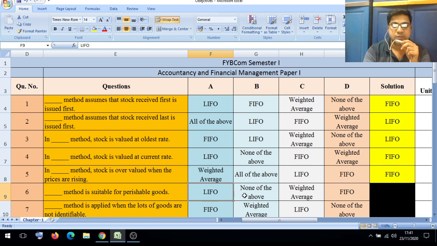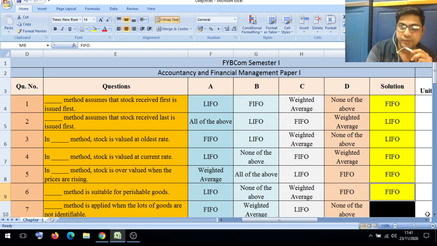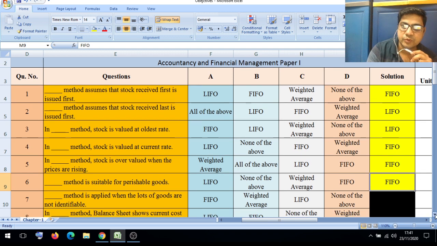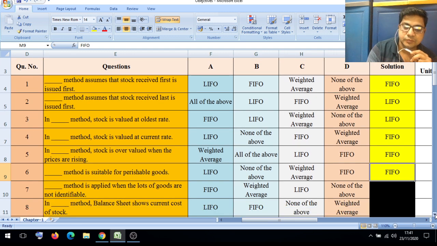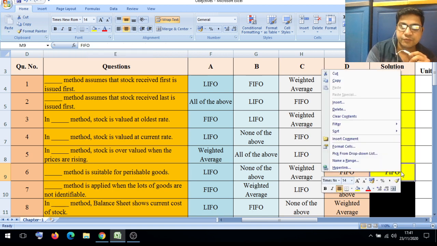The answer is first in, first out. Perishable goods are those which easily become scrap, for example fish, bakery products and vegetables, and for that purpose they apply the FIFO method.